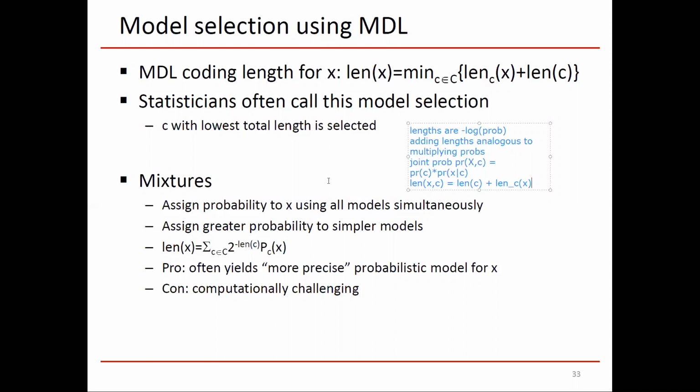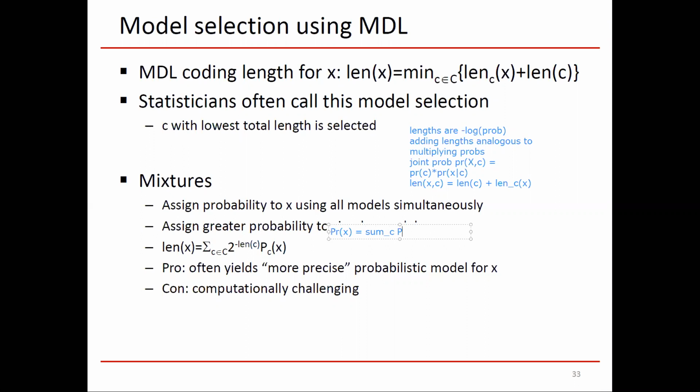You assign a probability to X using all the models simultaneously. You assign a greater probability to the simpler models. So the length of X, or rather, there's a typo here. The probability for X is a summation over the C's.